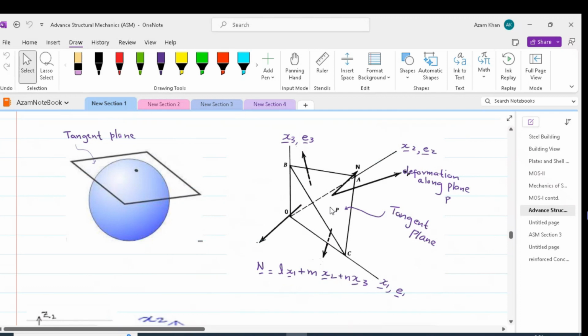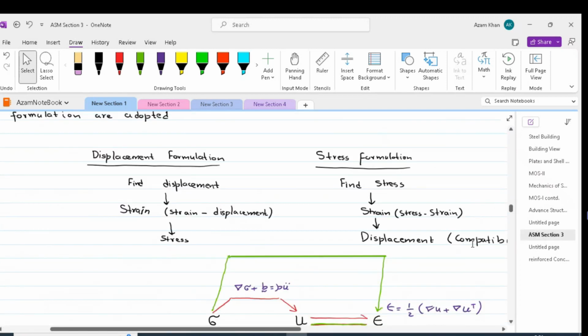So we have more equations to satisfy and fewer unknowns. That makes this problem an indeterminate one, and therefore compatibility provides some additional equations with which we can make sure that the strains and displacements are compatible. Displacement formulation is the more common formulation. It takes less time and it's very efficient. In finite element analysis, displacement formulation is employed.